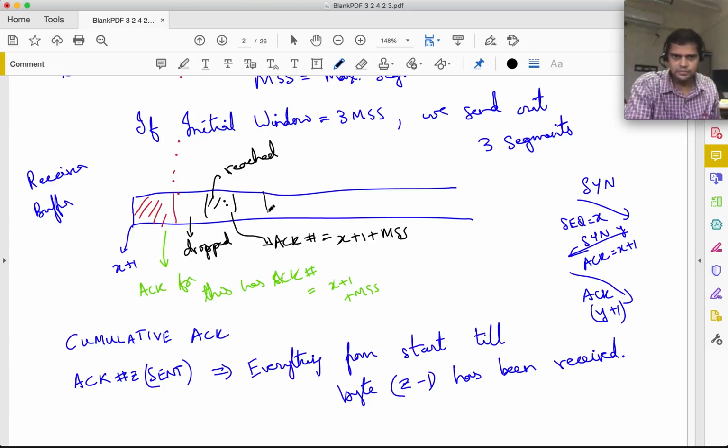So even if this particular fourth one reached, I would send the same acknowledgement number. Right, and these acknowledgements which have the same acknowledgement number as a previous acknowledgement which was sent are called duplicate acknowledgements.